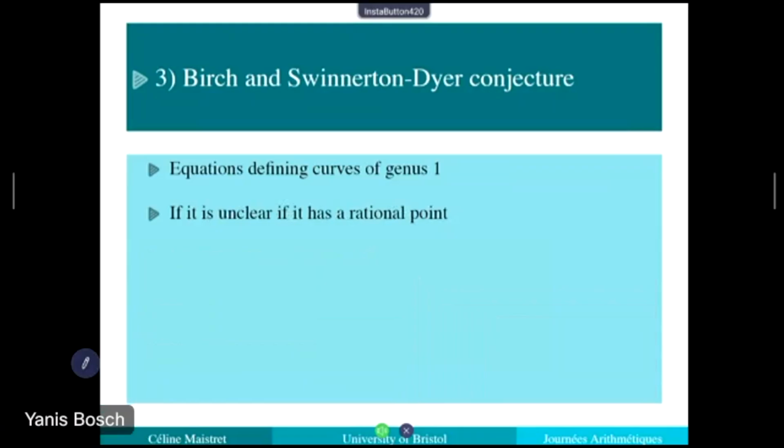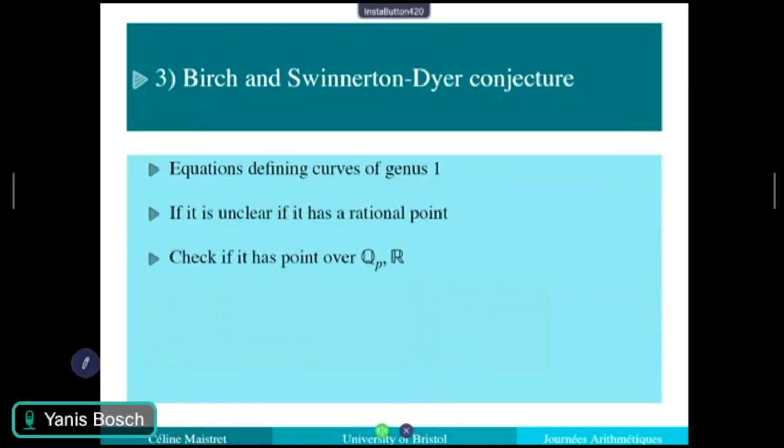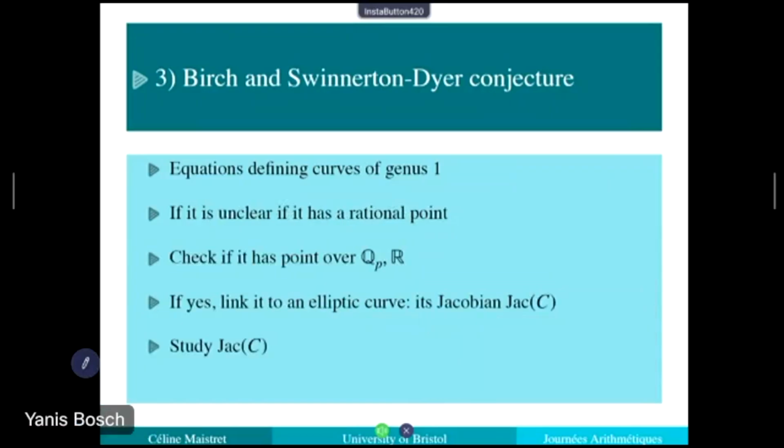What if you have a genus 1 curve but it isn't clear whether it has a point? So here you need to first check over local fields whether it has a point. If it doesn't, then it doesn't have a rational point and you're done. But if it does have a point over all Q_p and R, then you may or may not have a counterexample to the Hasse principle.